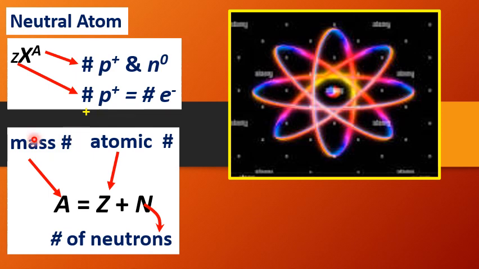The mass number, capital A, is just equal to the number of protons plus the number of neutrons.